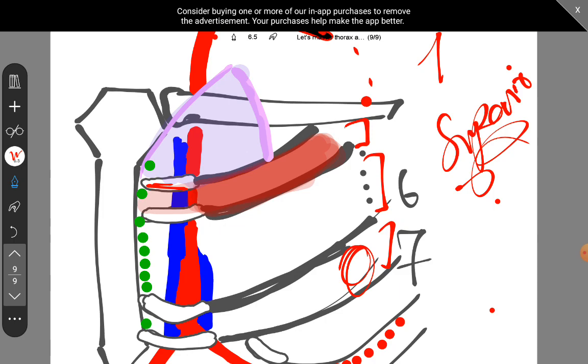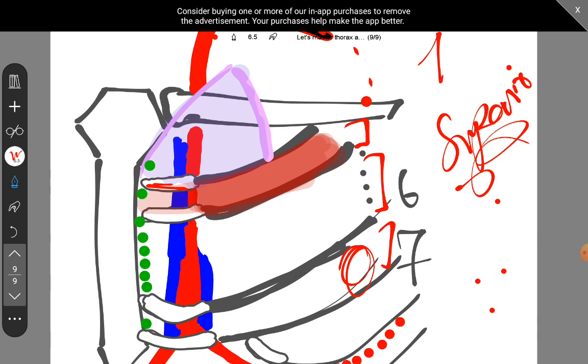What do the intercostal spaces occupy? Yes, the intercostal muscles. So it is behind the internal intercostal muscle and the anterior intercostal membrane. Why didn't you say external intercostal muscle?